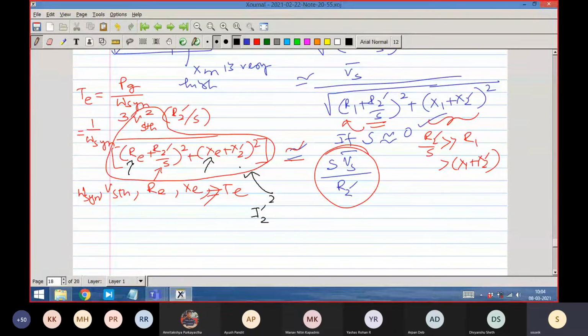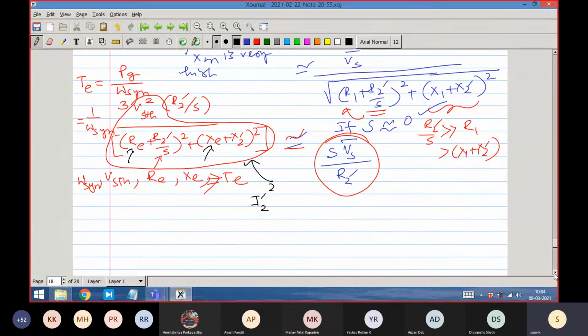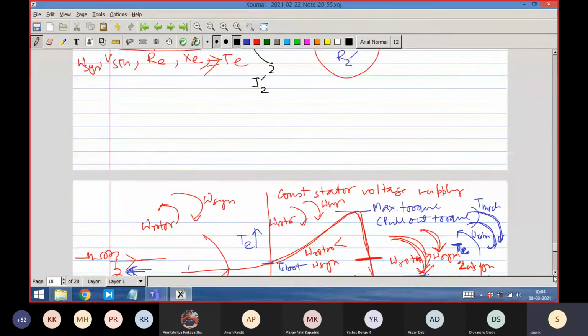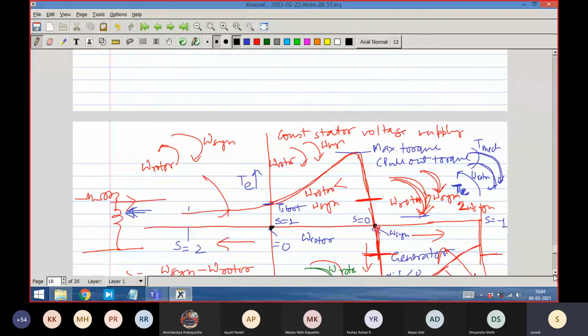X2 dash is the physical inductance of the rotor coil referred to the stator.